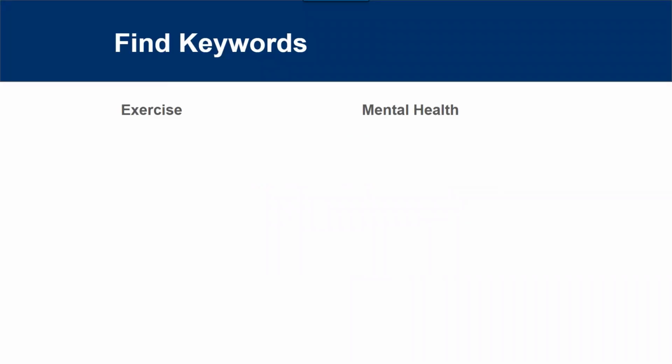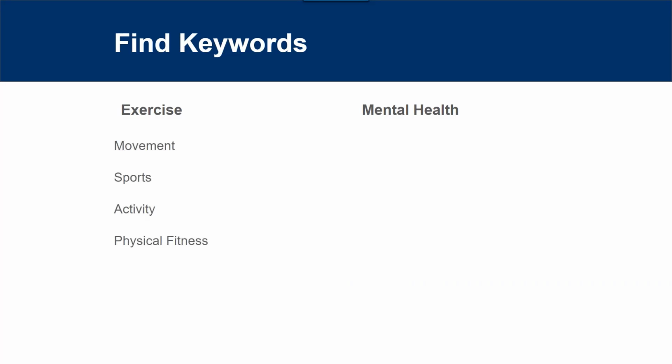So now that we have those terms, we need to find other keywords. A lot of times when you're searching databases, you're searching the internet, things aren't organized by subjects. So you might find an article on exercise that doesn't call it exercise, it calls it something else, or mental health. So you need to find all the synonyms for those terms.